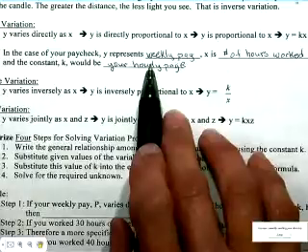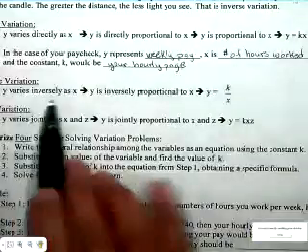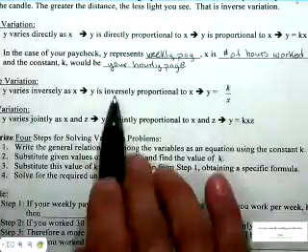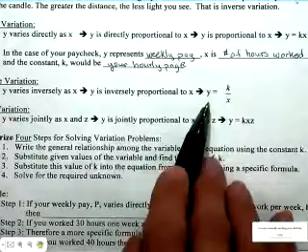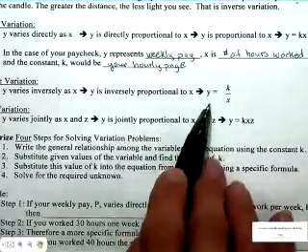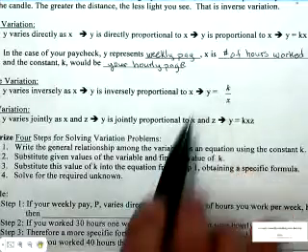Now, if you see the words y varies inversely as x, or y is inversely proportional to x, then you need to think not y is a constant times x, but y is a constant divided by x. That way, as x gets bigger, y would get smaller.